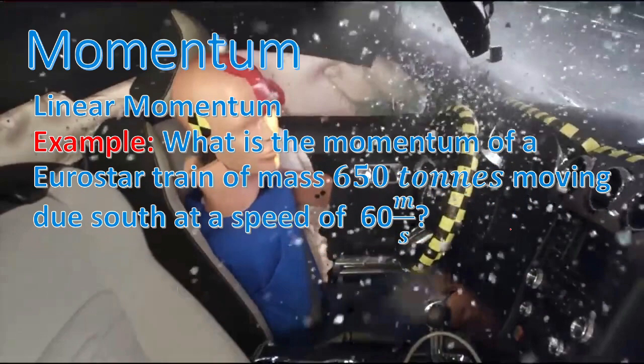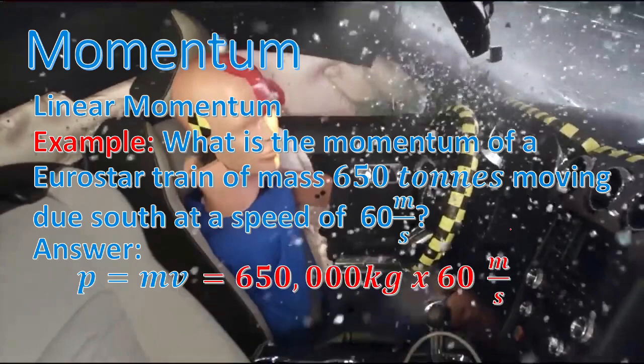Another example: what is the momentum of a Eurostar train of mass 650 tons moving due south at a speed of 60 meters per second? Same thing, apply our formula, and the first thing you need to do is convert your units.